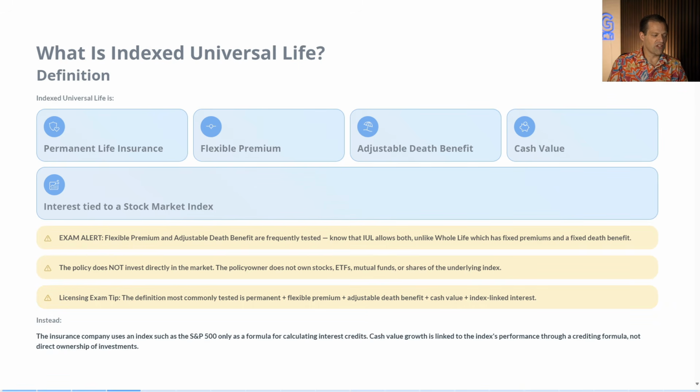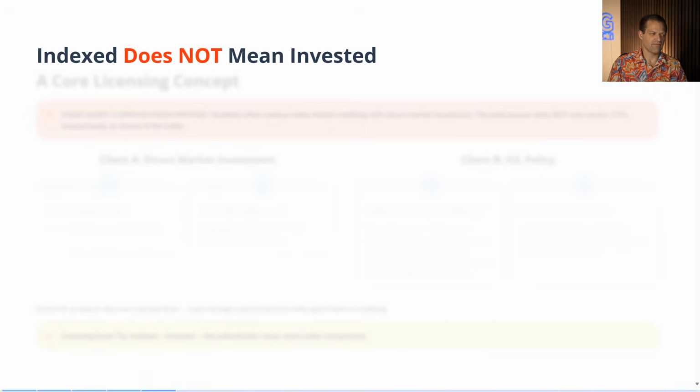The insurance company uses an index, like the S&P 500, which is very common, as a formula for calculating interest credits. So cash value growth is linked to the index's performance through a crediting formula, not direct ownership of investments, okay? If it was direct ownership of investments, it would be a variable universal life plan, okay?